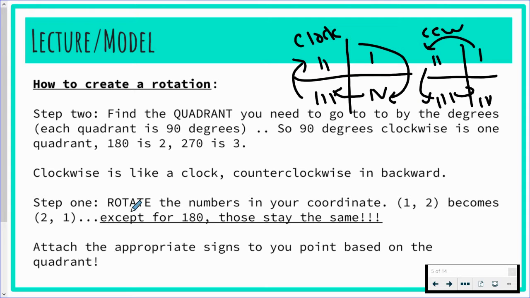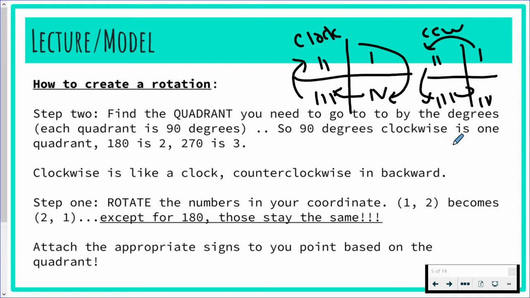Each 90 degrees is one quadrant. If you are asked to rotate 90 degrees, you are going one quadrant. If you're asked to go 180, you're going 2 quadrants. If you're asked to go 270, you're moving 3 quadrants. Here is the best way to remember what a rotation is.